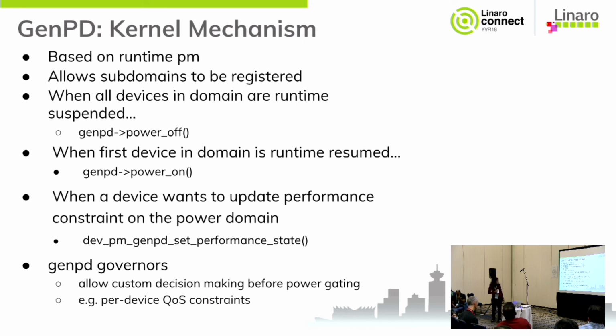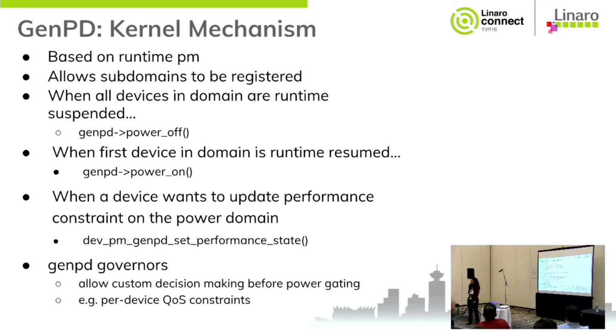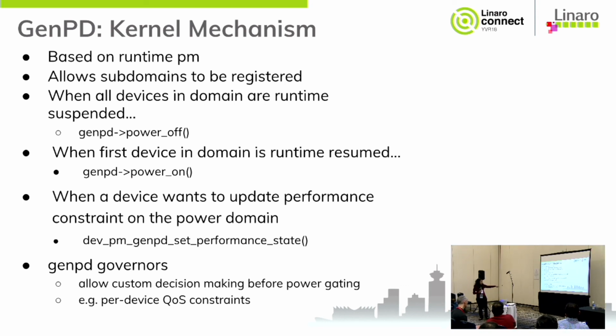And there is a governor associated with GenPD, but it's not the conventional governor, like the governors associated with CPUFreq or CPU idle, where a particular state is chosen. It is more like, quality of service constraints can be put on a per device basis, and the governor is basically to make sure that those decisions are adhered to.